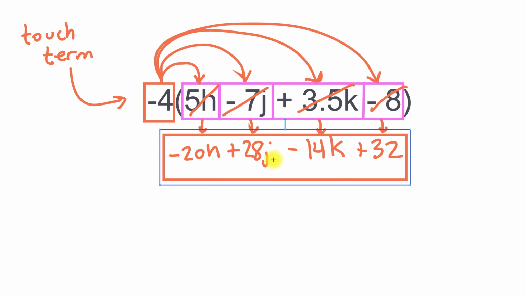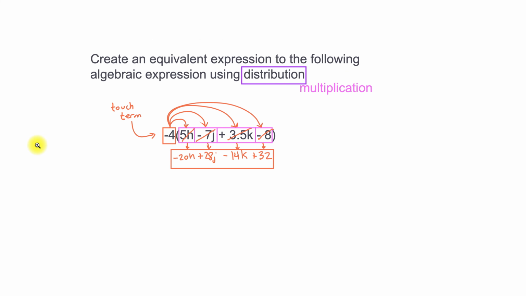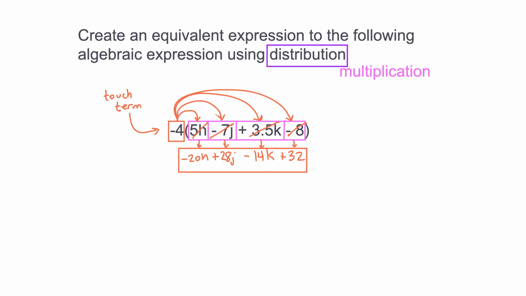Well, that's this right here, the result after all of our distributions. So when they're asking which expression is equivalent, we could say the expression negative 4 times 5h minus 7j plus 3.5k minus 8 is equivalent to the expression negative 20h plus 28j minus 14k plus 32.